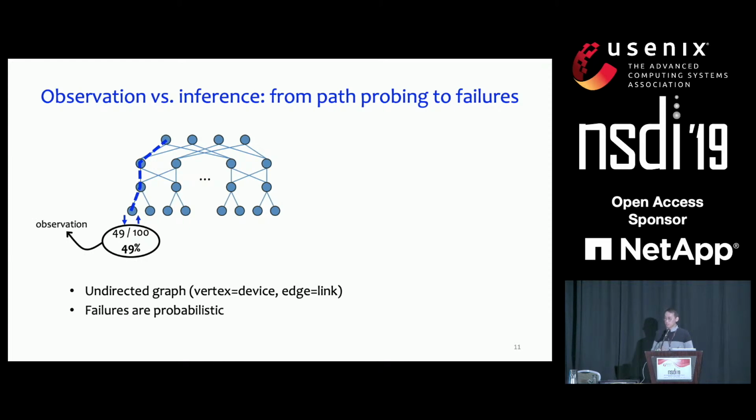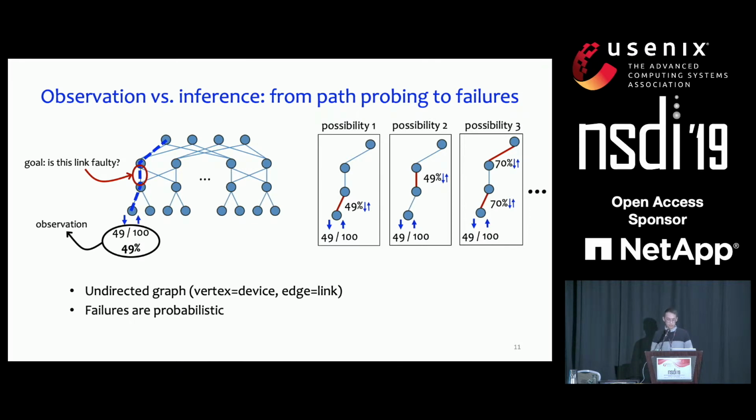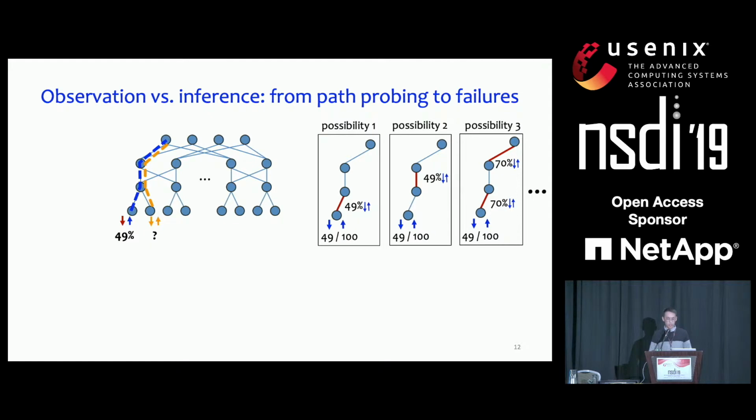These path success probabilities are what we can observe, but instead, the link success probabilities are what we want to know. In this example, there are many explanations. In order to tell which one of them is chosen, we can probe another path indicated by this orange dashed line, which differs only on the first link from our original blue line.